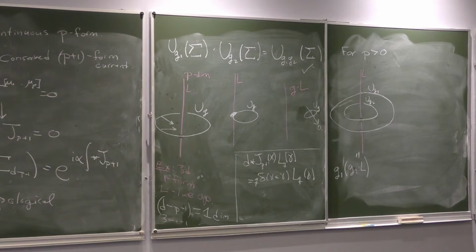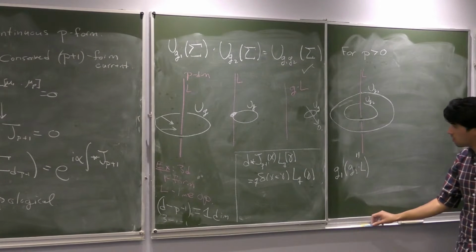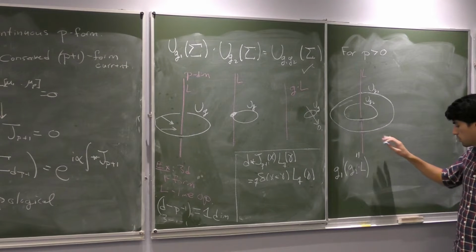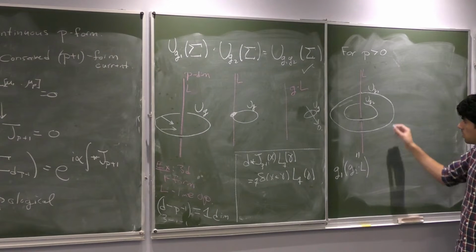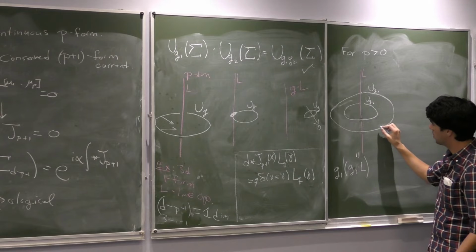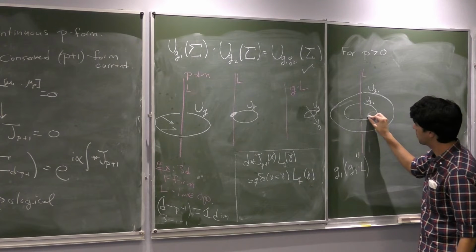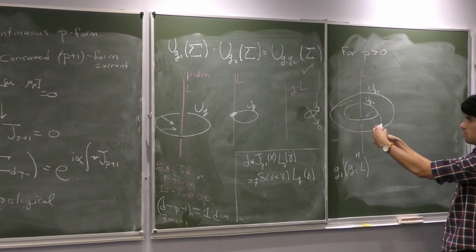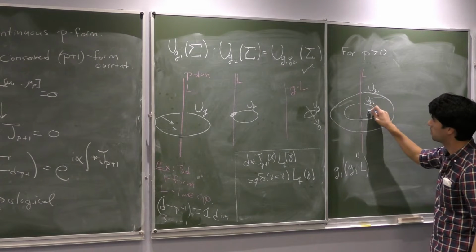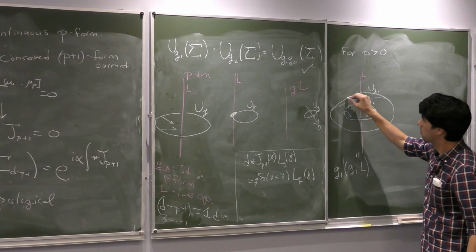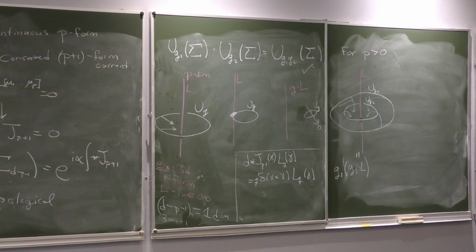Good. But so now we want to use the fact that these operators are topological. And so what that actually allows you to do is to change the ordering. So you can imagine taking this, raising it up and then putting it inside just by doing a topological deformation. And since nothing touches, that's totally allowed.